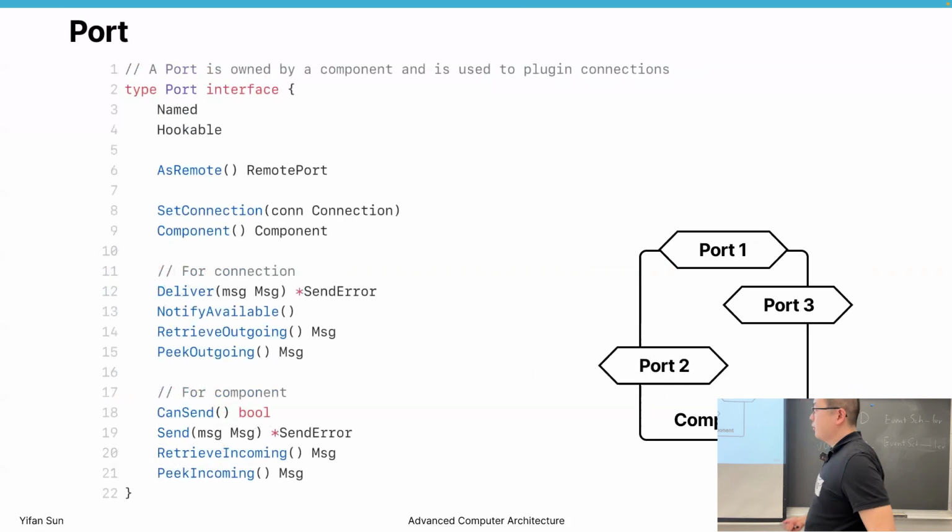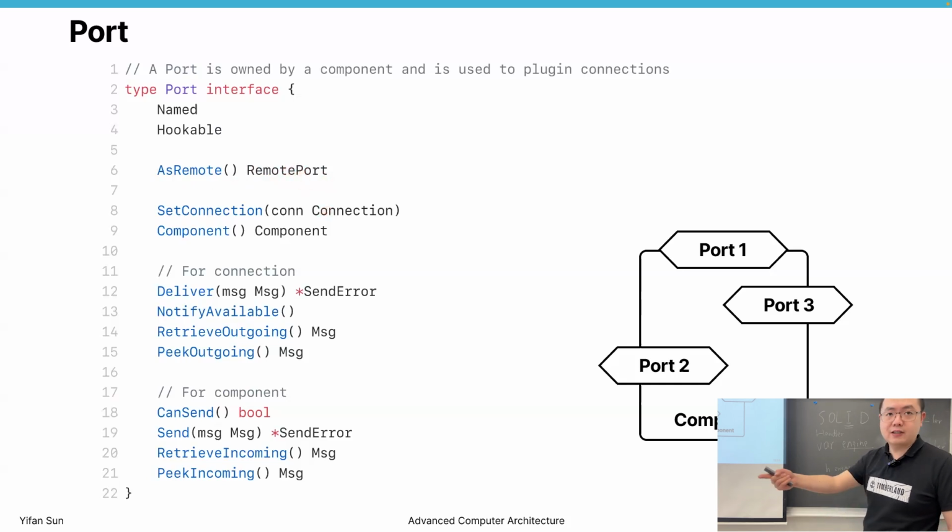Okay, so let's look at port. What can a port do? Now, port is a much more complex component. It's named, it's hookable. We'll talk about hooks later. AsRemote converts the port into a remote port. Basically, it returns a name. It's the exact same function as the name method.